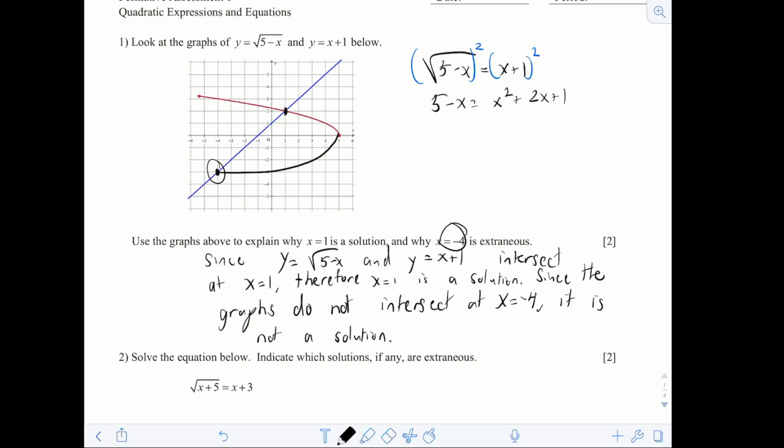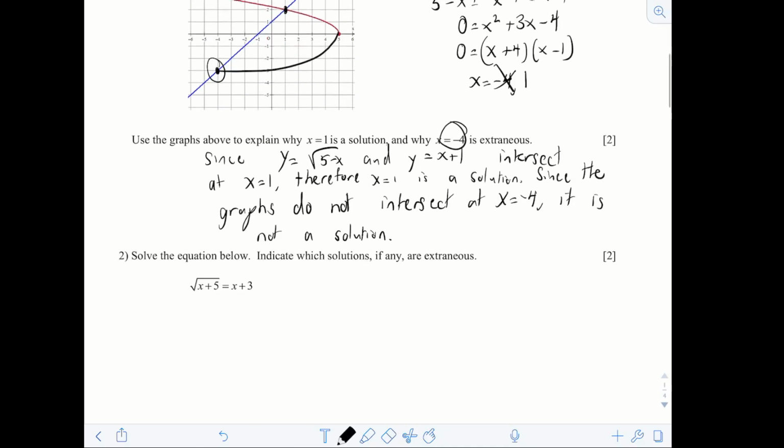Bring over the x and the negative 5, so 0 is equal to x squared plus 3x minus 4. Therefore, 0 equals x plus 4 times x minus 1, so x equals negative 4 and x equals 1. But negative 4 is an extraneous solution if you plug it back into the equation.